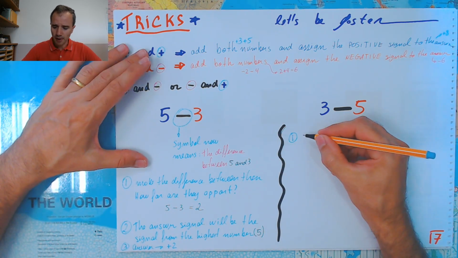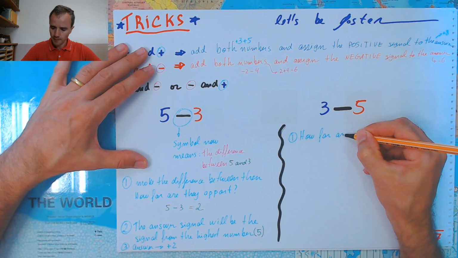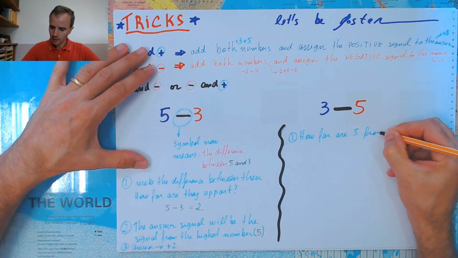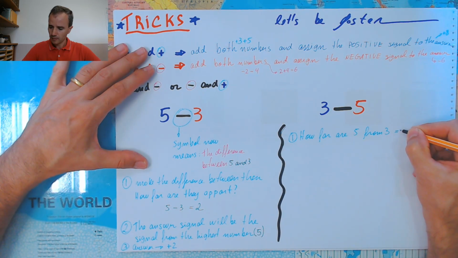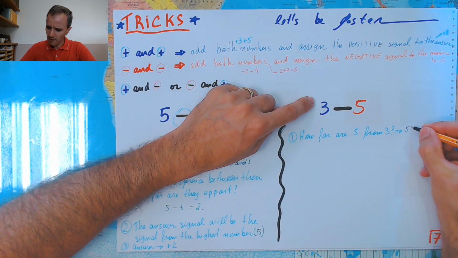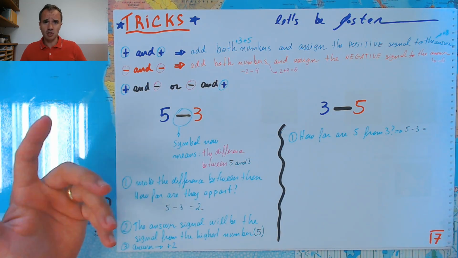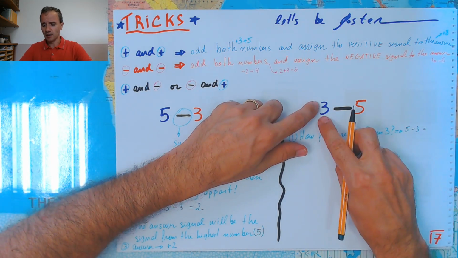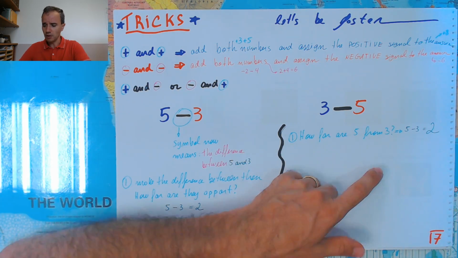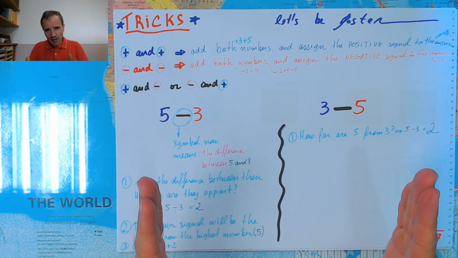How far are 5 from 3? Just make the difference. What is 5 minus 3? Reversed, it's much easier, right? To say 5 minus 3 than 3 minus 5. It is a 2, isn't it? So the distance between 3 and 5 is just 2.